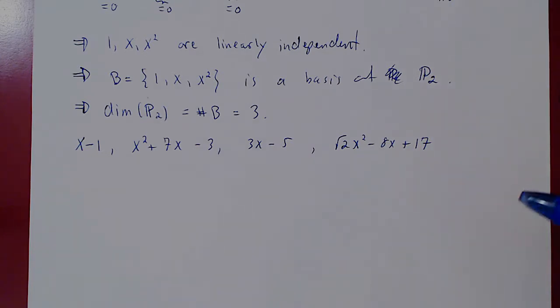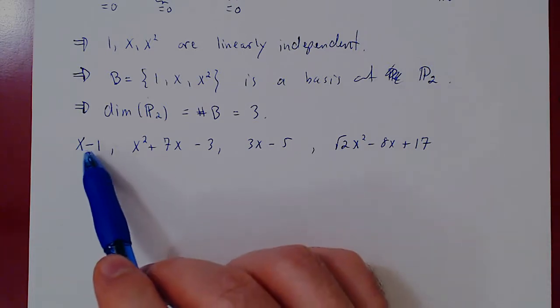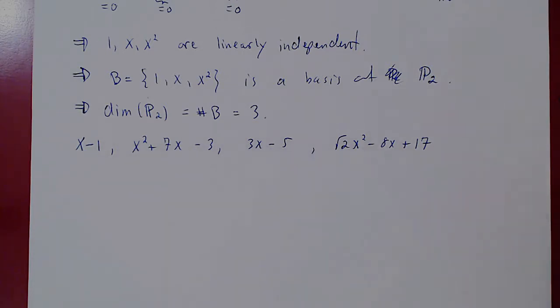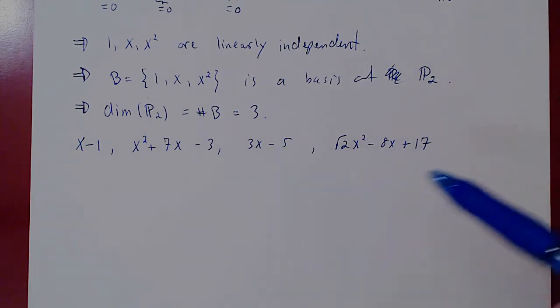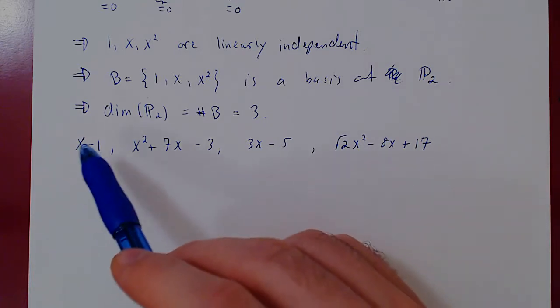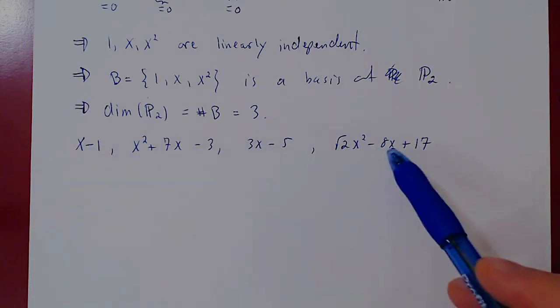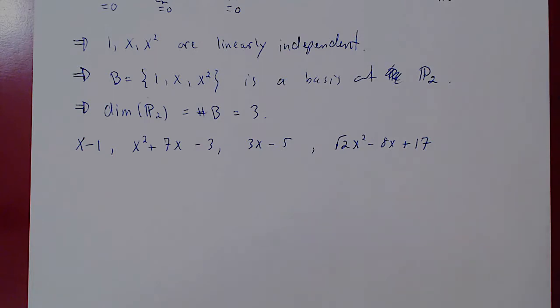Well, you could fall back to the definition, right? Consider a linear combination of these four polynomials and check if you have only the trivial solution giving the zero vector. If you only have the trivial solution, they are independent. If you can find a non-trivial solution giving the zero vector, then they are linearly dependent.